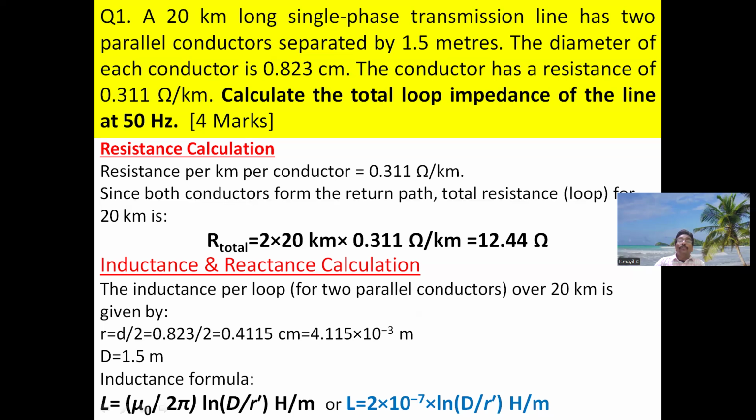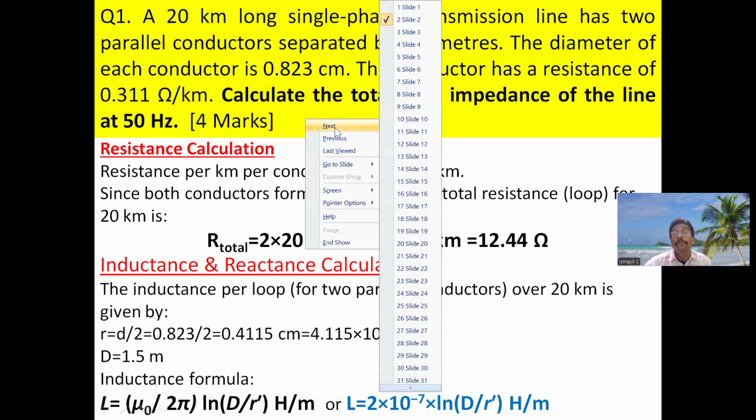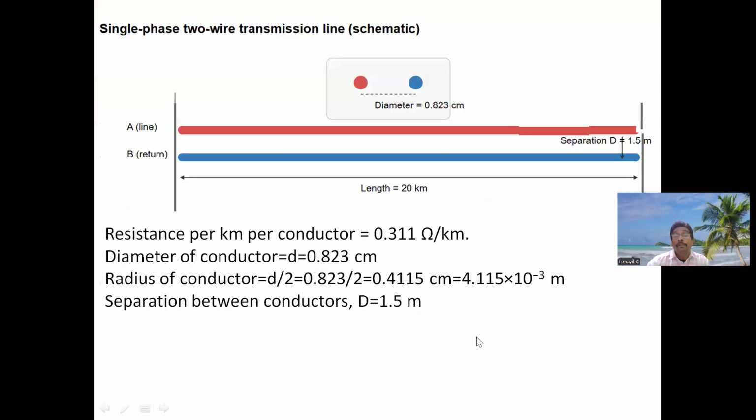So, how to solve this question? Before coming to the calculation side, we will understand what is the problem. This is the problem given.